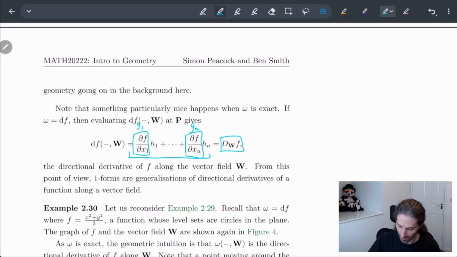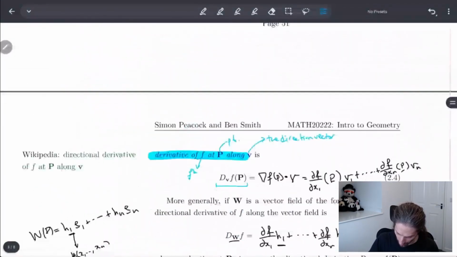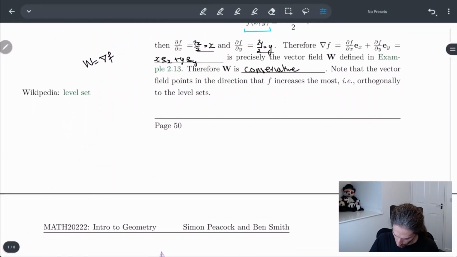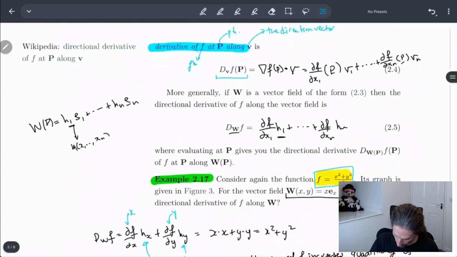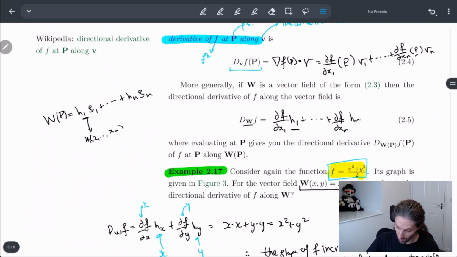This is what we had seen, I think in the second or third video, df of w. We can go all the way back and look at this. Where was it? This should be here. So here we have this precise formula, so this we've already seen.